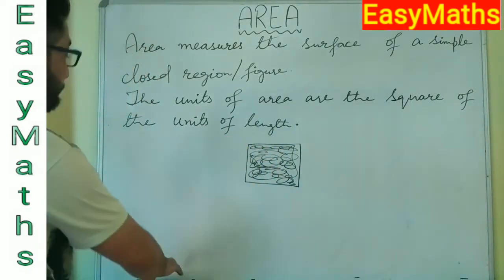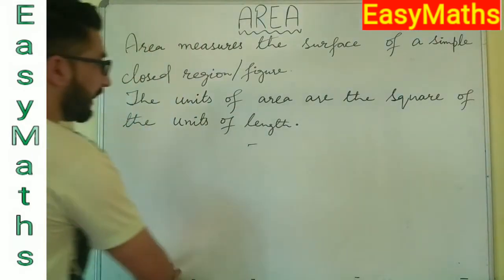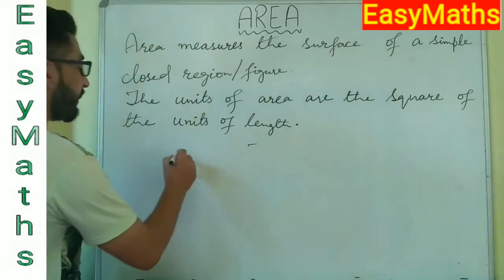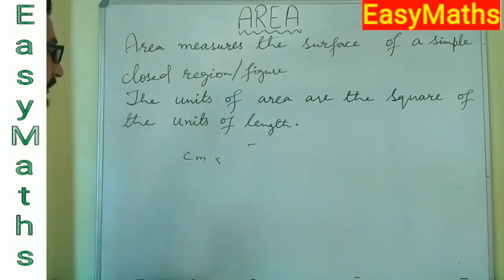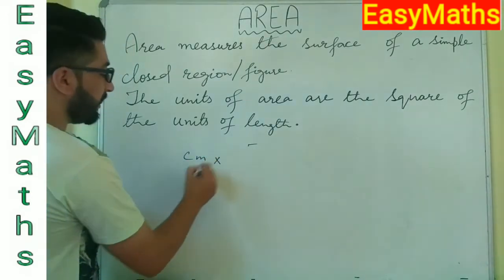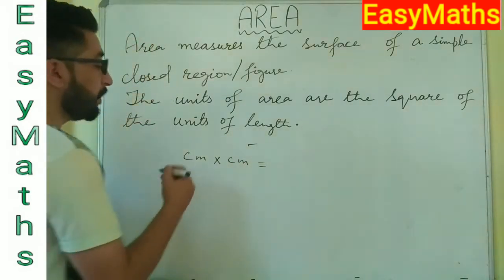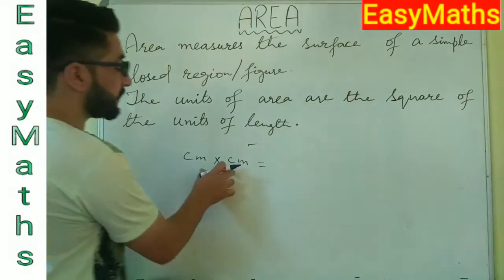So students, in area, the units of length are square units. Suppose we write centimeter as our unit, but in area we have to write centimeter multiplied by centimeter. When we multiply centimeter with centimeter, it becomes centimeter squared.